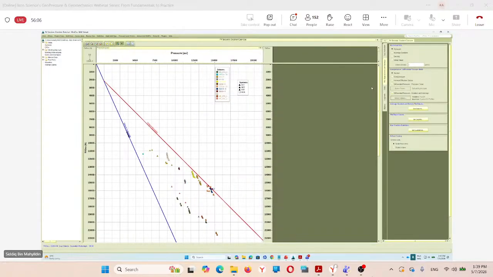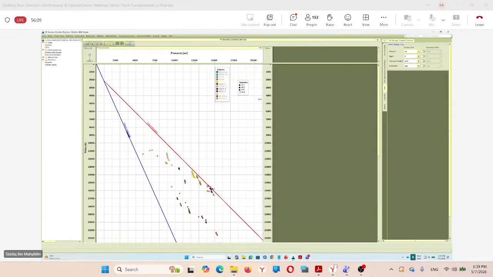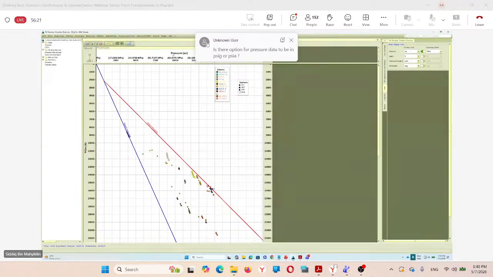In terms of unit as well, it's quite powerful. I'm showing this in PSI, but if you talk to people in a different region, they might want to see it in MPa, for example. So you can change it accordingly. I can also assign a secondary unit. So for example, now I have PSI, and it tells me what it is in MPa.